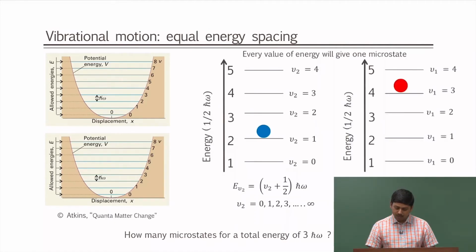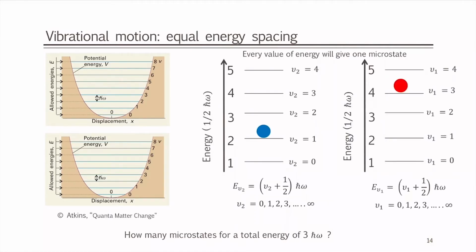One harmonic oscillator has this equal spacing in which the blue particle is sitting at some level, and I have another harmonic oscillator in which a red particle is sitting at some level. Now, ideally this red particle can be anywhere here and the blue particle can be anywhere here, but I give a constraint: how many microstates are there for a total energy of 3 h cut omega?